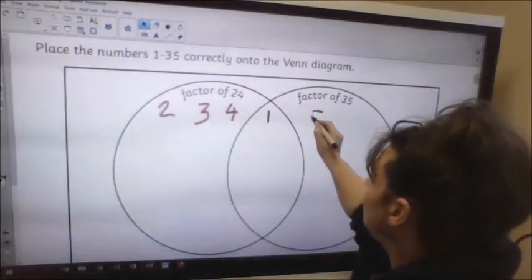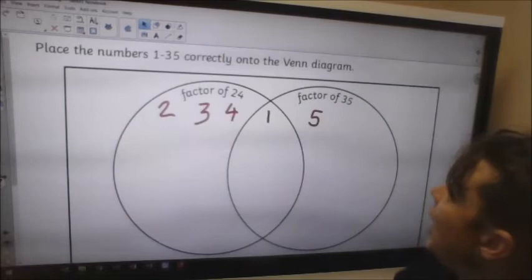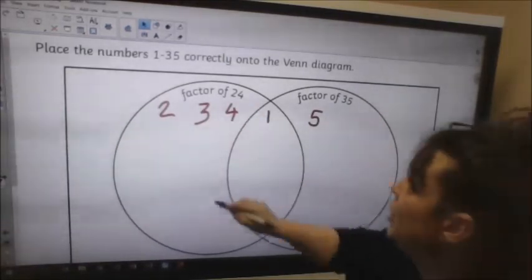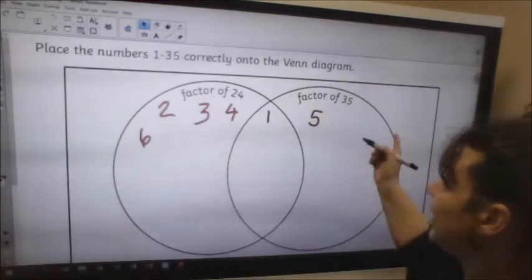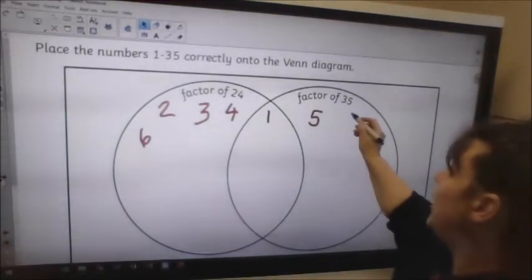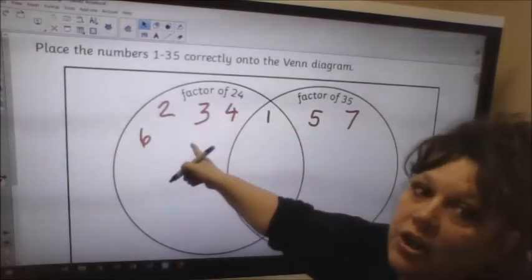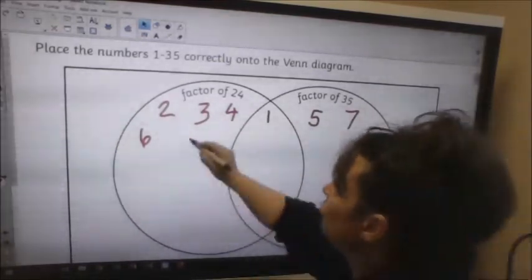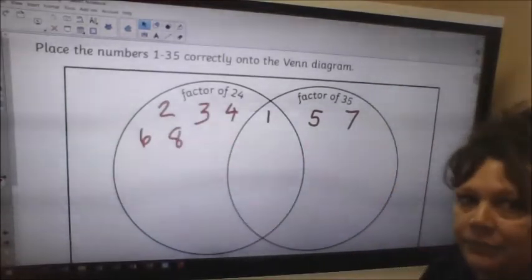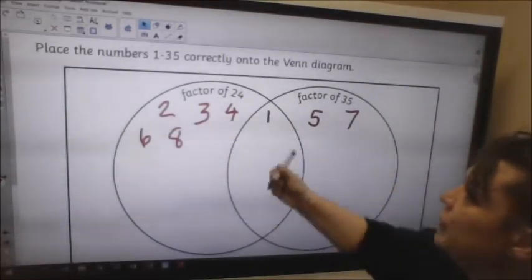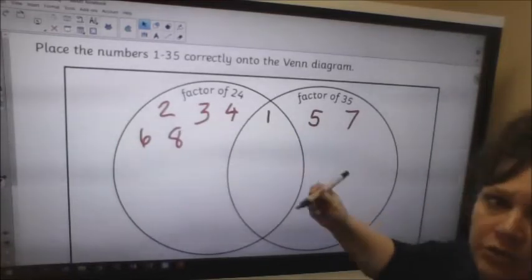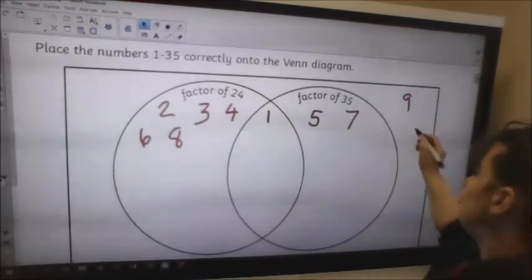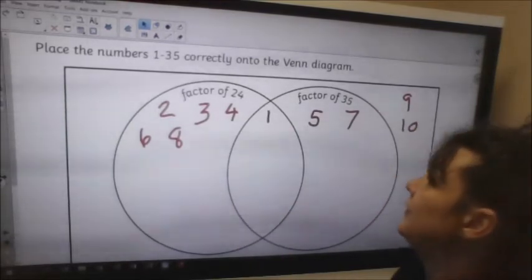So 5 goes here. 6 doesn't go into 35, but it does go into 24. 7, well, we know that 7 times 5 is 35, so it goes there. It doesn't go in here. Okay, 8. 8 3's are 24, so 8 will go over here. 9, well, 9 doesn't go into 24 and it doesn't go into 35, so it will go here. 10, equally, doesn't go into them without leaving remainders.